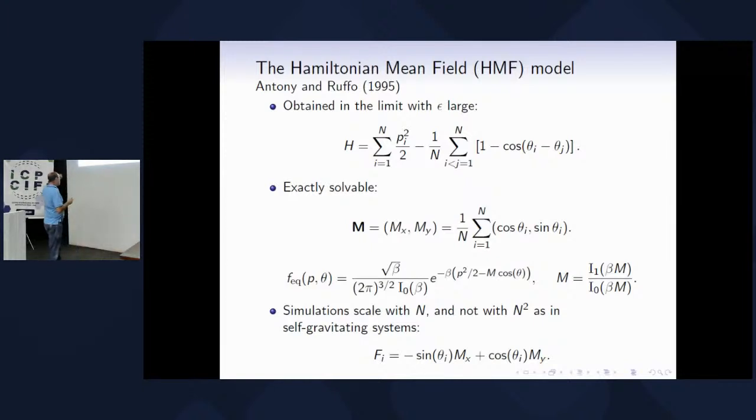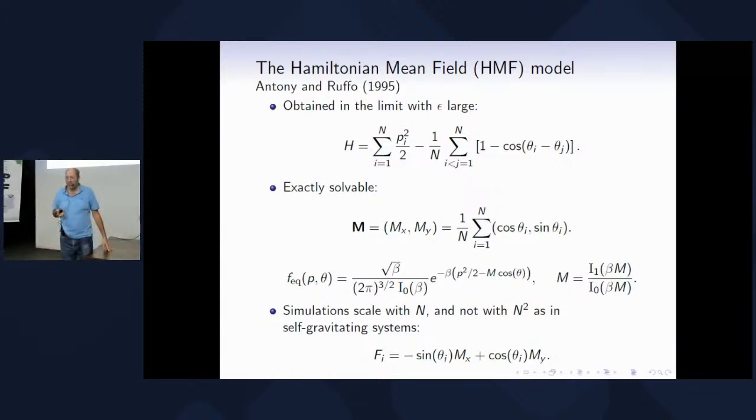And also this model is very useful because in the simulations, we can make the time of computation scale linearly with n. Opposite to other systems, if I do this for a normal gravitational system, for each particle I have to compute n forces. Then this makes a computational effort that scales with n squared.